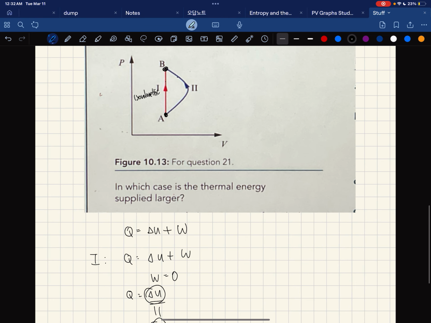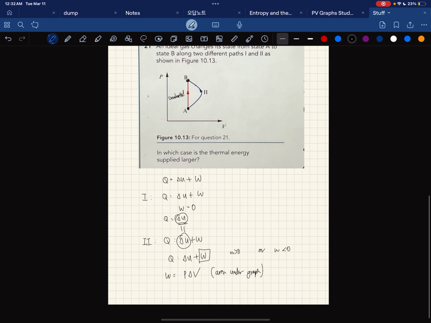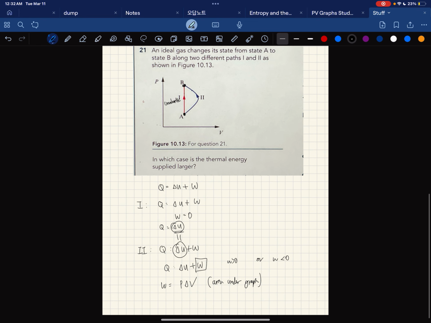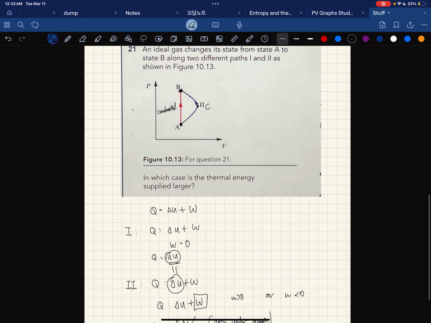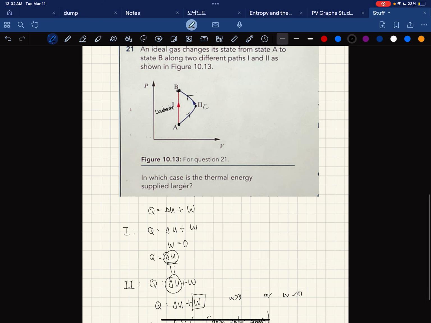Now, because this is some kind of weird semicircle, it is very confusing to look at. So I'm going to, quote unquote, split the curve into two parts. From here, A to C, and then C to B. I'll just draw the arrows.